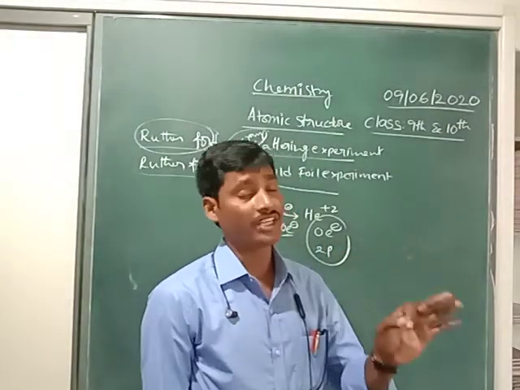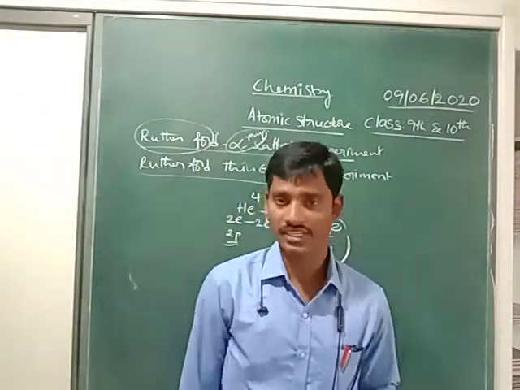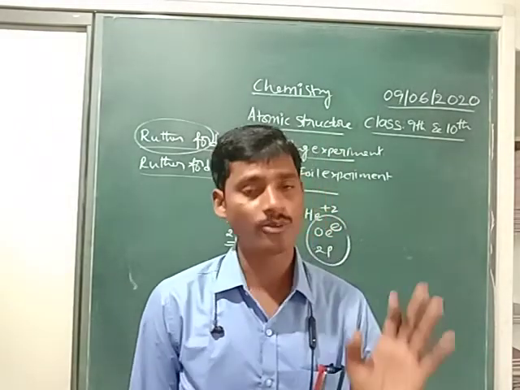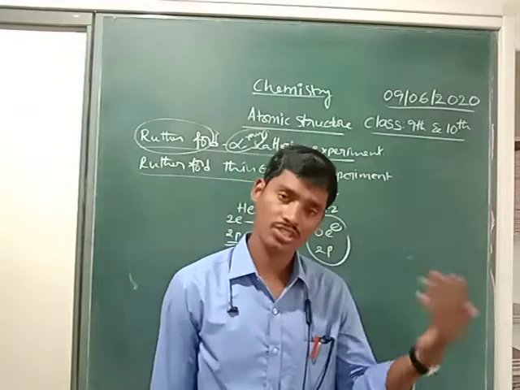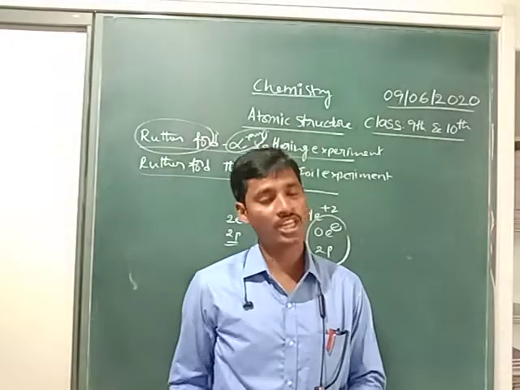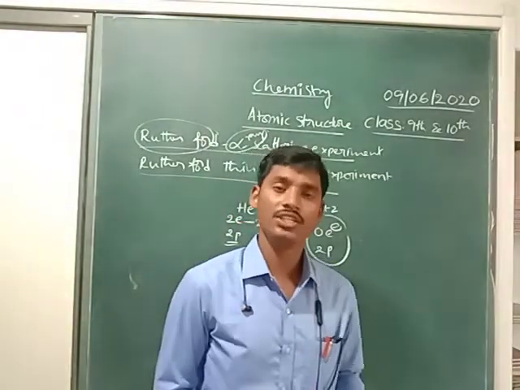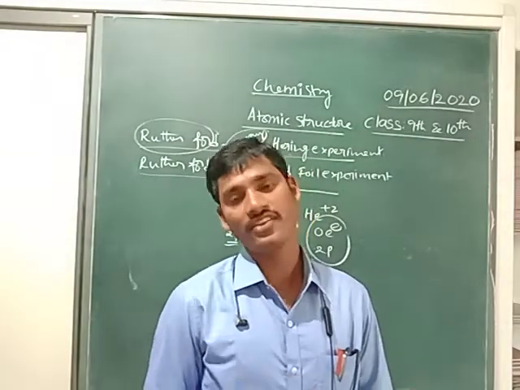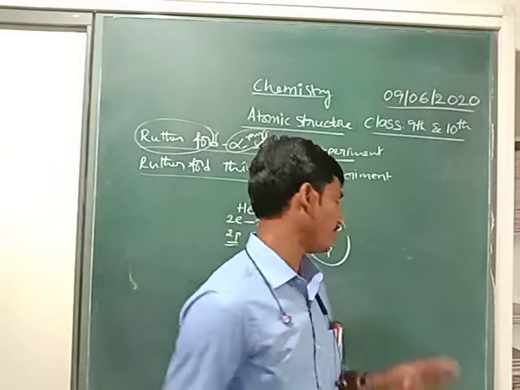So what particles are present in alpha rays? Suppose they give options: Option A, 2 electrons and 2 protons. Option B, 0 electrons and 2 protons. Option C, 0 protons and 2 electrons. They will ask like that, children. So please all of you note this point, right, children?